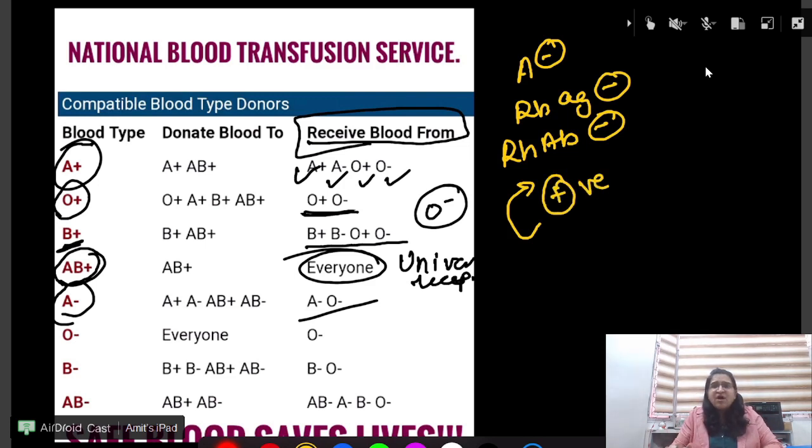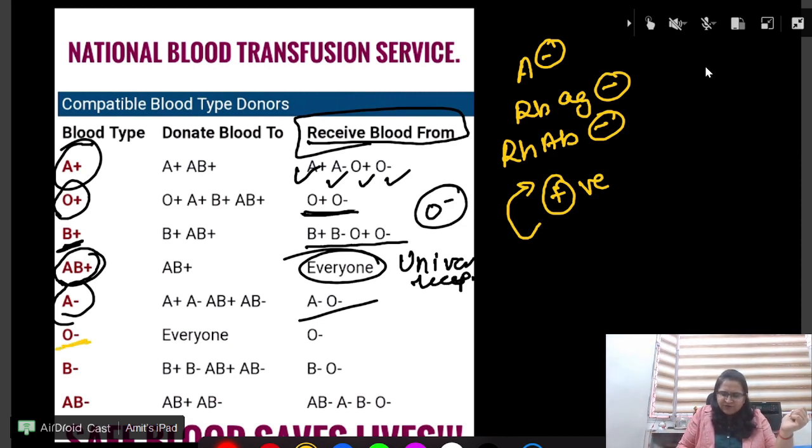Why? Because if we give positive blood to, suppose, a woman, then we will sensitize her. This will make her prone to erythroblastosis fetalis when she gets pregnant. So for a negative, we prefer negative, but if it is not there, then we can give positive also.